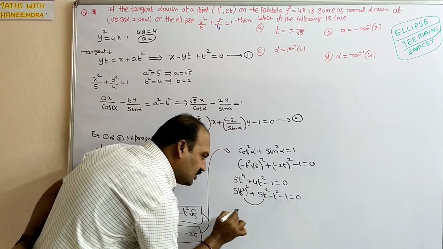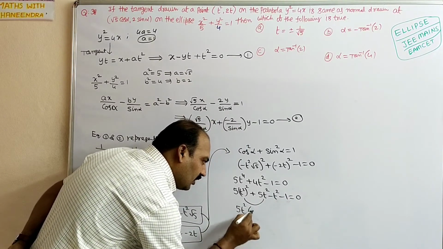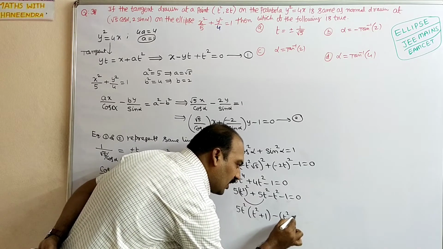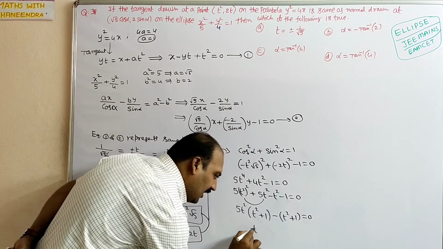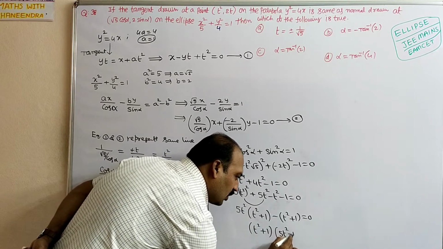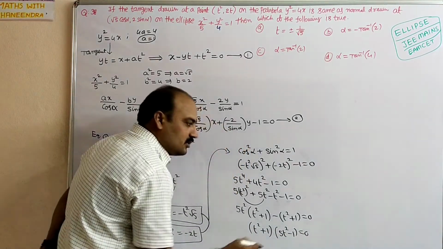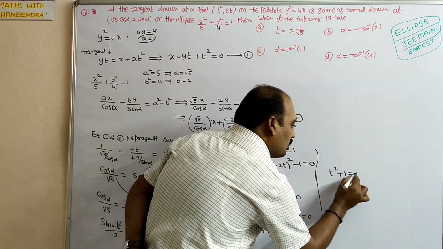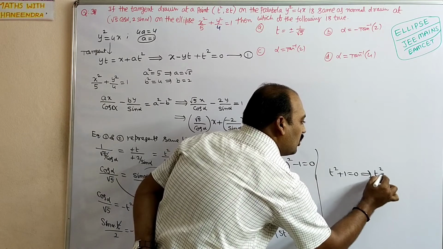Taking common 5t square from the first two, t square plus 1, and minus t square plus 1 from the others. So ultimately, taking t square plus 1 common, we get t square plus 1 times 5t square minus 1 equal to 0. From this, t square plus 1 is equal to 0 implies t square equal to minus 1.